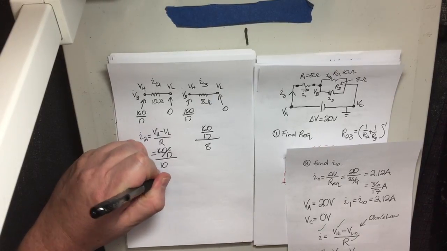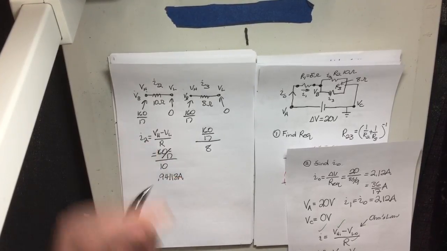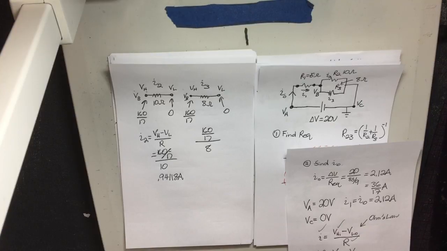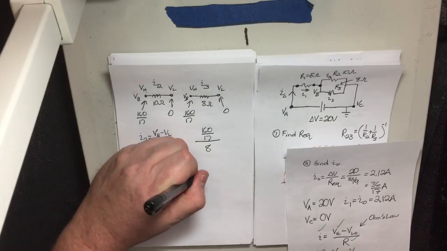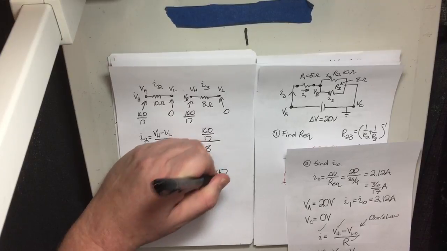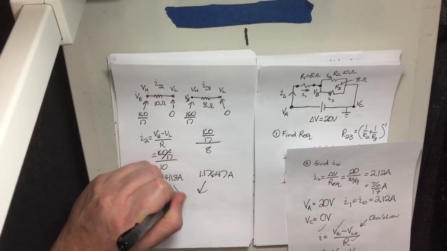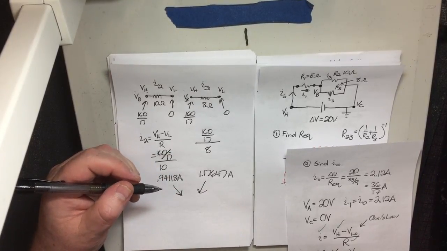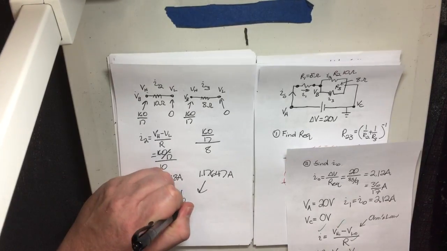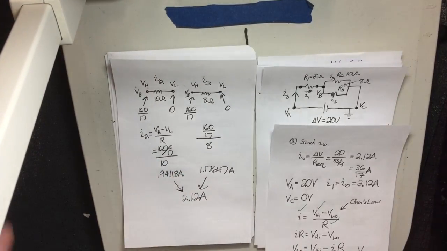I get 0.94118 amps. And I get 1.17647 amps for this numerically. And what happens when you add the two together? They add up to 2.12, which proves the notion that the currents do add up together.